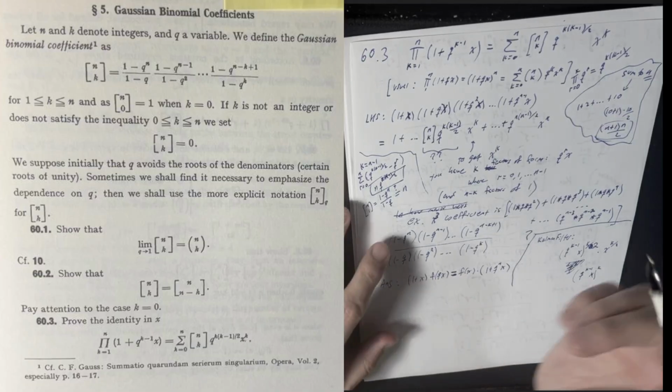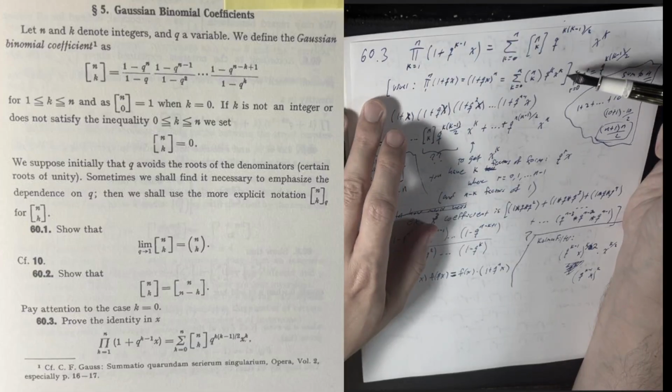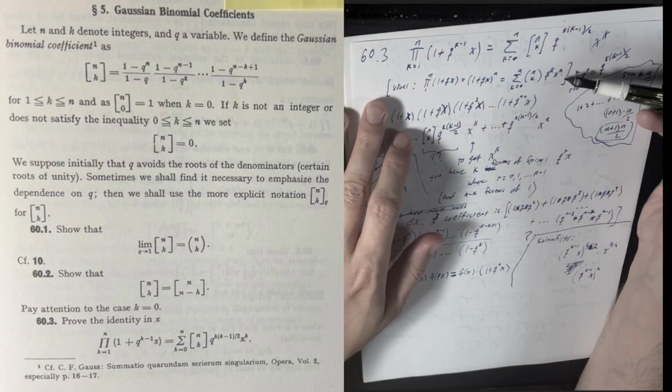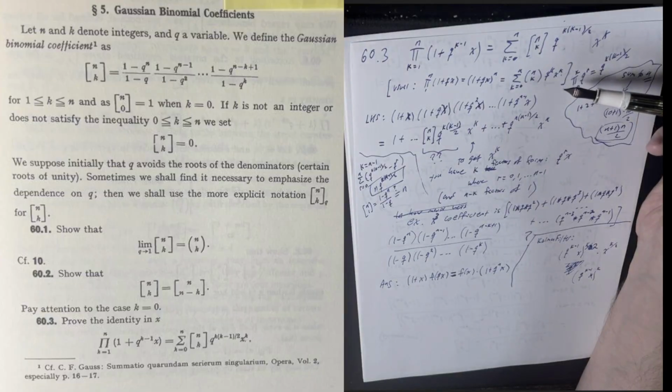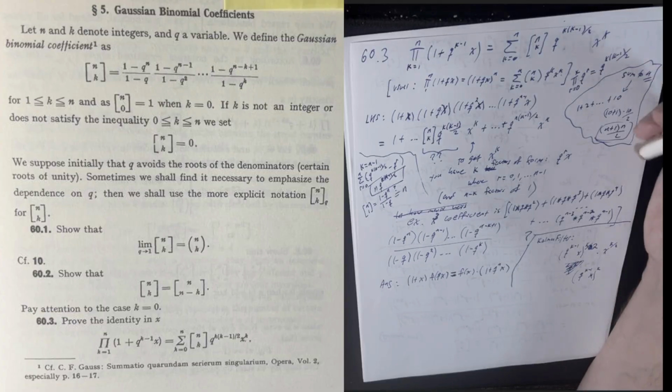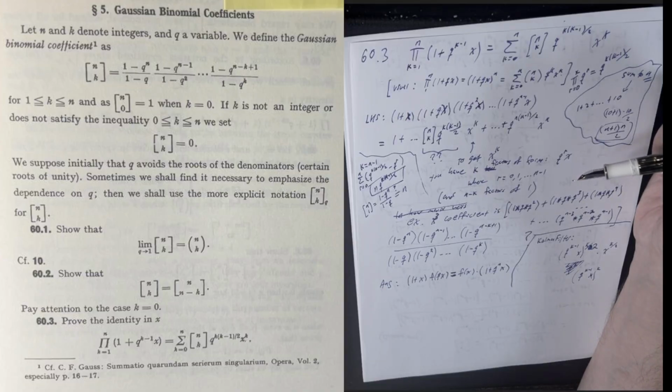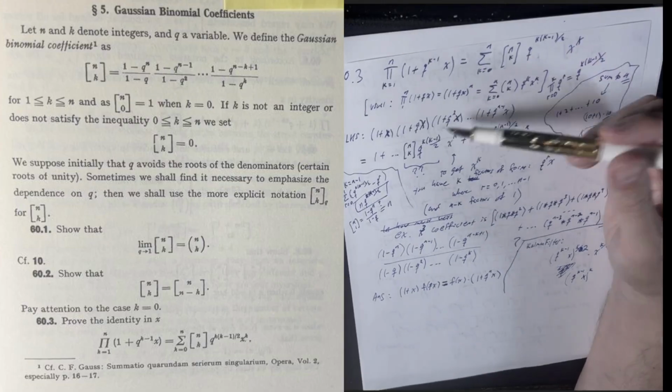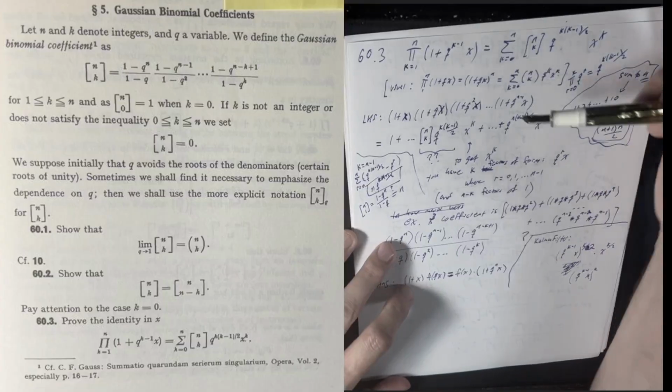Right. Yeah, that was my first observation. This is an analog of the binomial theorem. Does that mean I can prove the binomial theorem with this recursion as well?